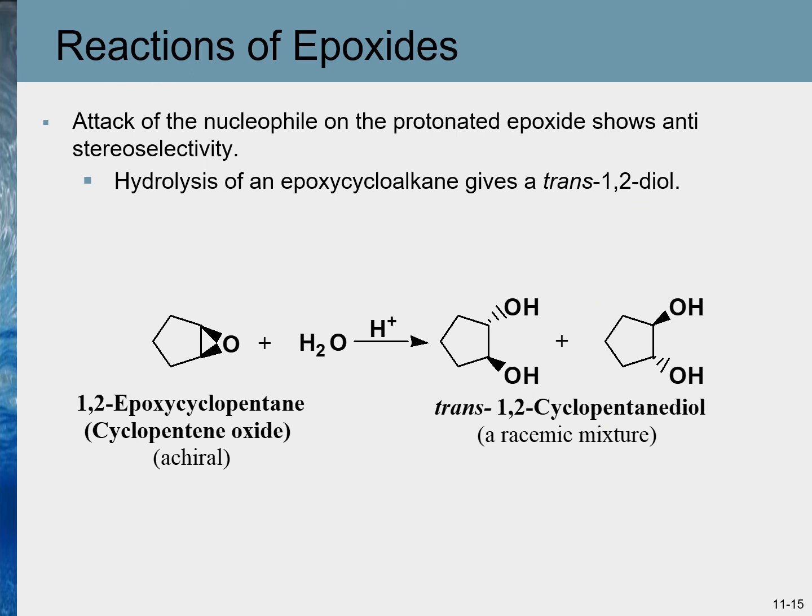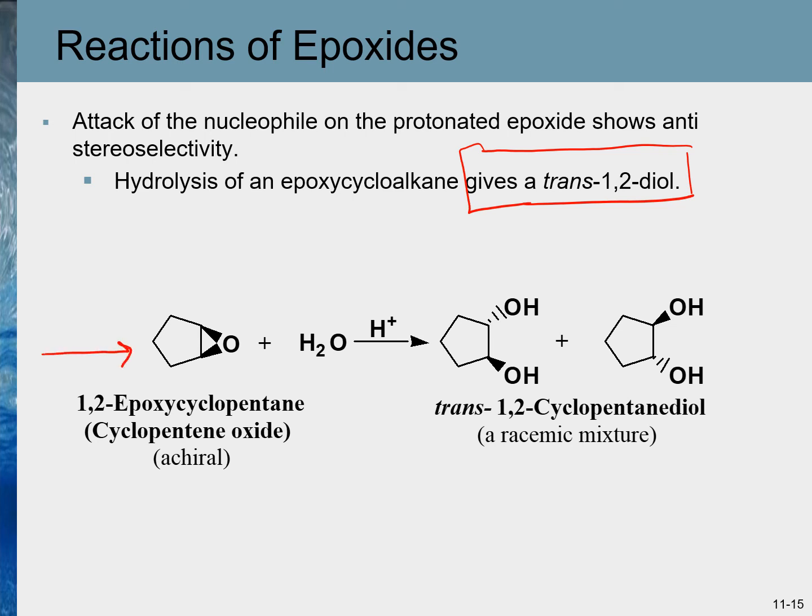As explained in the previous slide in the reaction mechanism step, the nucleophile attacks epoxides at the anti-position to the leaving group. Hence, the hydrolysis of an epoxycycloalkane always gives a trans 1,2-diol as a product. An example of this reaction is shown here.